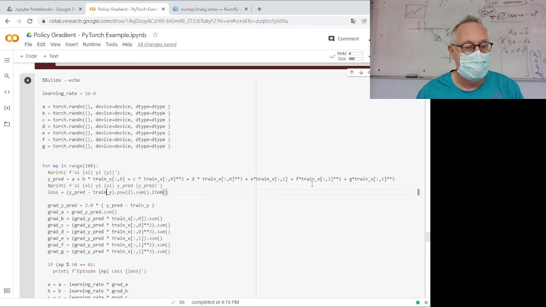Now, that prediction, I compare to the correct value. It's a supervised approach in this case, so I need to know what the correct value is. I take that difference, square it, so power of 2 is squaring it, sum it up, and then generate a number.